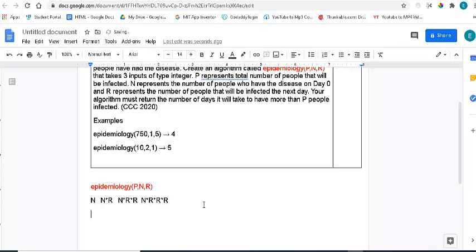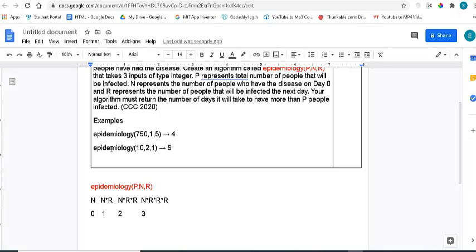If we write the days at the bottom, this is day 0, day 1, day 2, and day 3. The total number of people infected after 3 days is the sum of n plus nr plus nr squared plus nr cubed. So this is what we have to do with our algorithm.